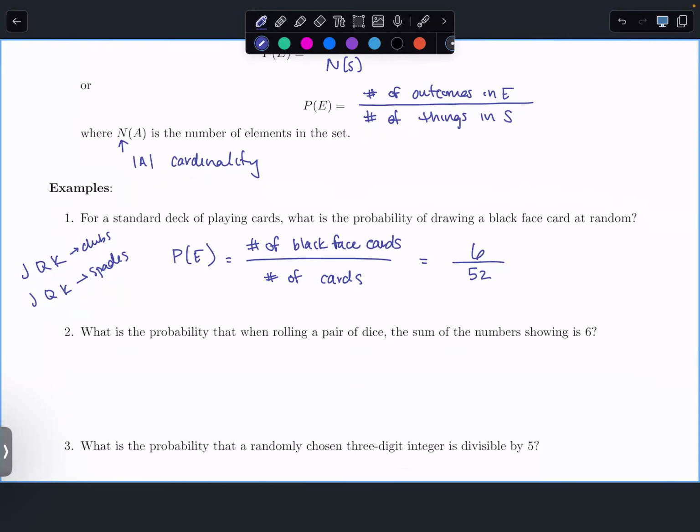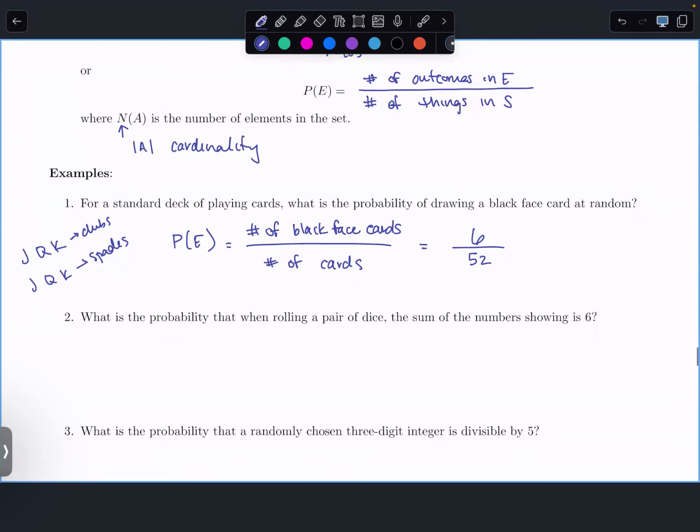Okay, what's the probability that when rolling a pair of dice, the sum of the numbers showing is 6? It's actually not 1 out of 6. Oh, pairs. 2 out of 12.